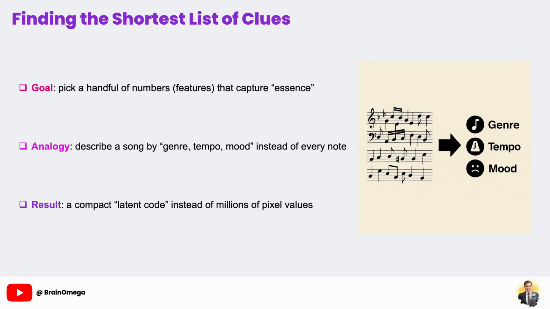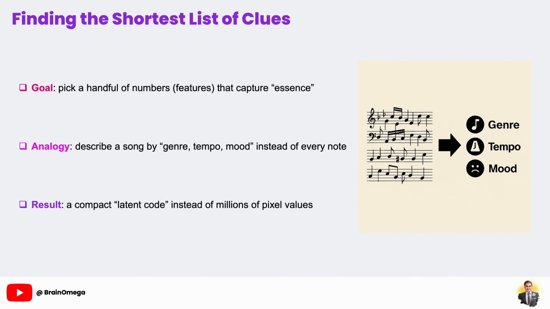You'd say something like, it's upbeat, around 120 beats per minute, with a funky bass line and soulful vocal. That short description captures the song's essence, its genre, tempo, and mood in just a few words.